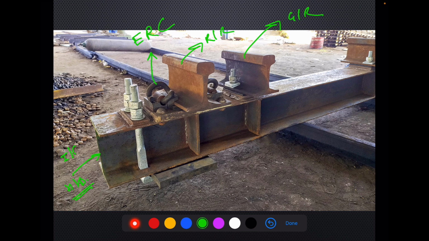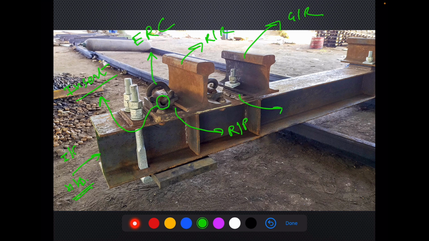This ERC goes into this thing which is called an insert. Thereafter we can see a small rubber pad over here below the foot of the running rail.